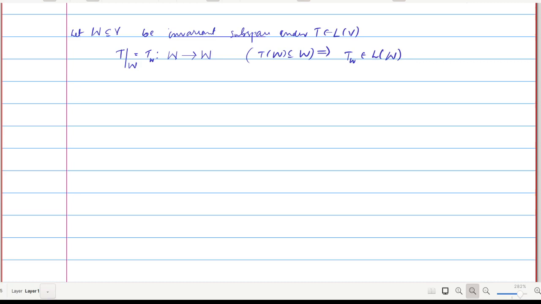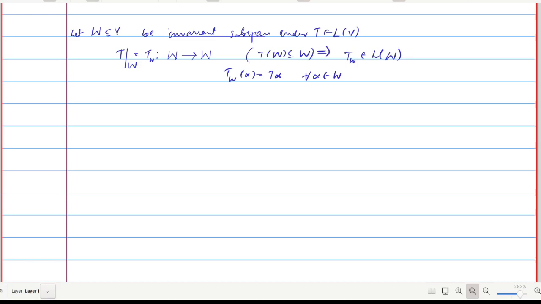So these are two linear operators. The meaning of this is TW of alpha is the same as T of alpha for all alpha belongs to W. That means TW and T coincide if the element comes from the subspace W. In this case we consider the characteristic polynomials of these two linear operators.